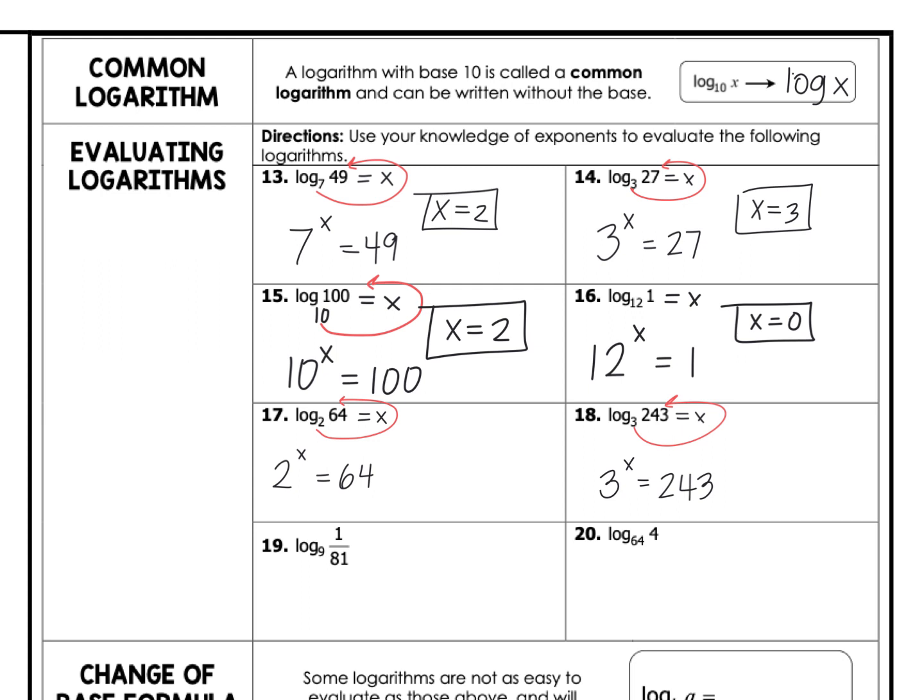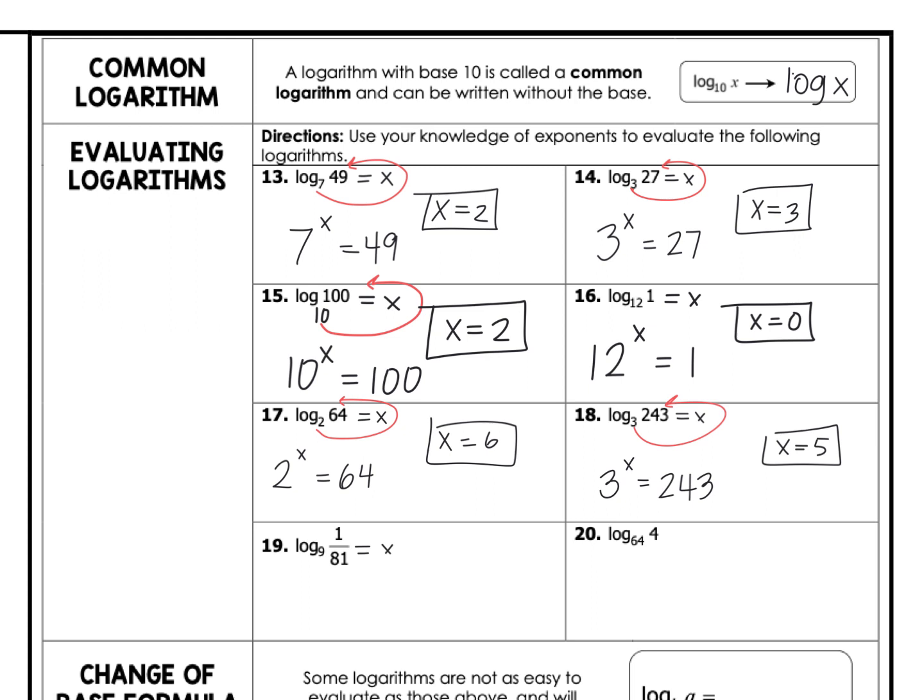Okay, 2 to what power is 64? What'd you figure out? 6. Very good. And 3 to what power is 243? 5. Okay, awesome. The next one, a little tricky.